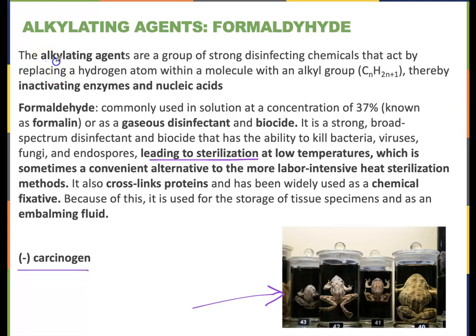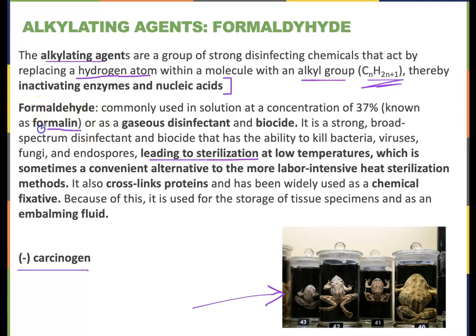What an alkylating agent does is it disinfects by, basically, some chemical magic. It replaces a hydrogen atom in a molecule with an alkyl group, which looks something like this, and basically just inactivates enzymes and nucleic acids. So it hits enzymes, DNA and RNA. There's formaldehyde.